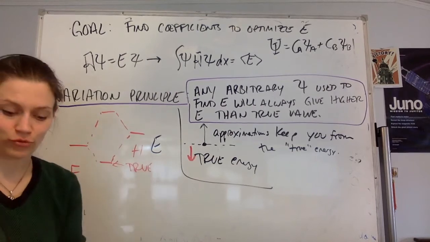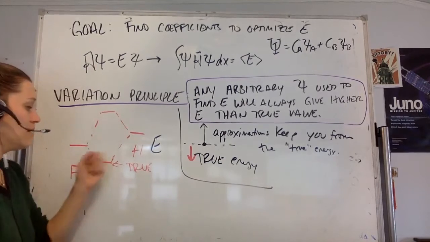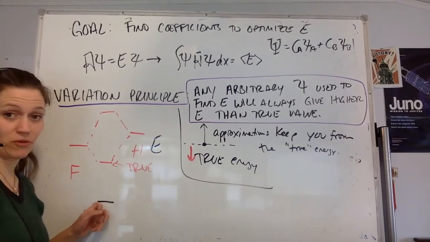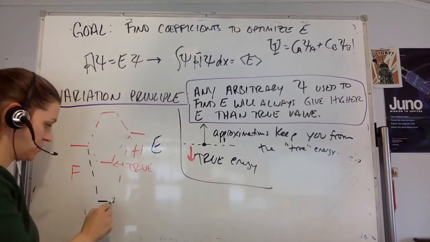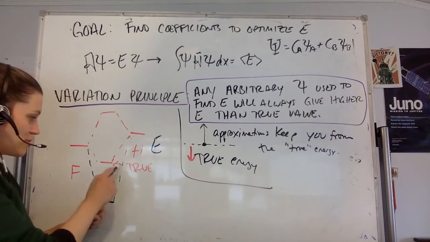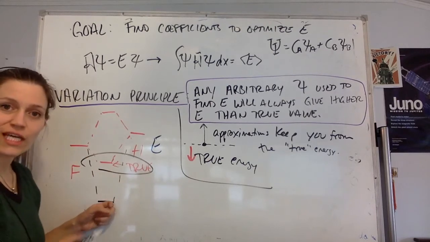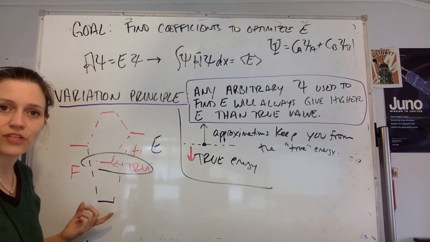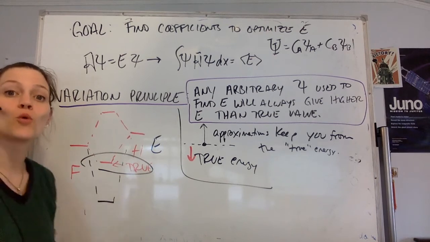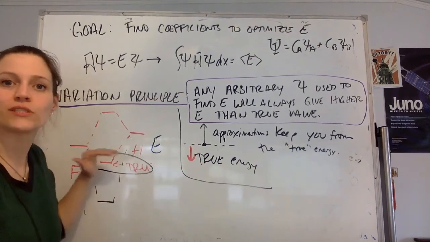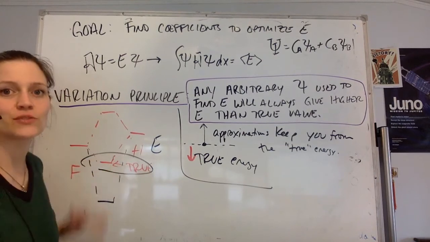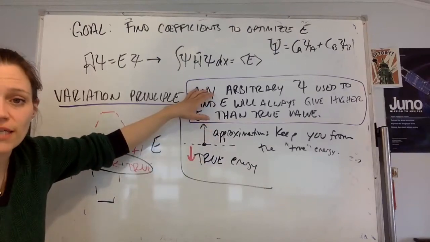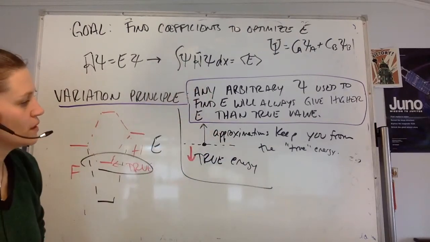If you found a wave function that represented both systems, and it was a molecular orbital that gave you an energy down here below the true one, you're saying that you're better than nature, that you're able to find a wave function that represents the system's energy at a value lower, or more stable, than the most stable that nature chooses. That's really what the variation principle is saying. So you'd always find one in your approximations that is equal to or above the true energy.